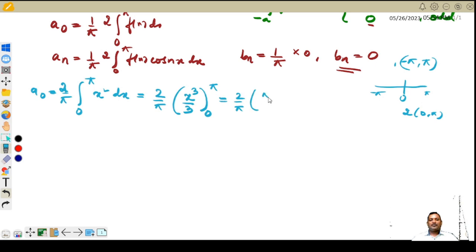Substitute upper limit, which is pi cube by 3 minus 0 cube by 3. So the value of a naught becomes 2 by pi into pi cube by 3. Pi and pi get cancelled. Cross multiply, a naught by 2 is equal to pi square divided by 3.